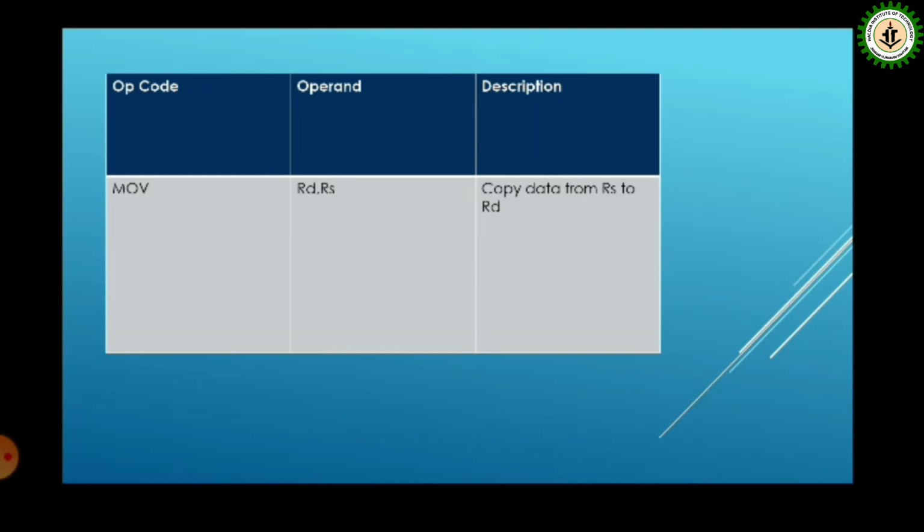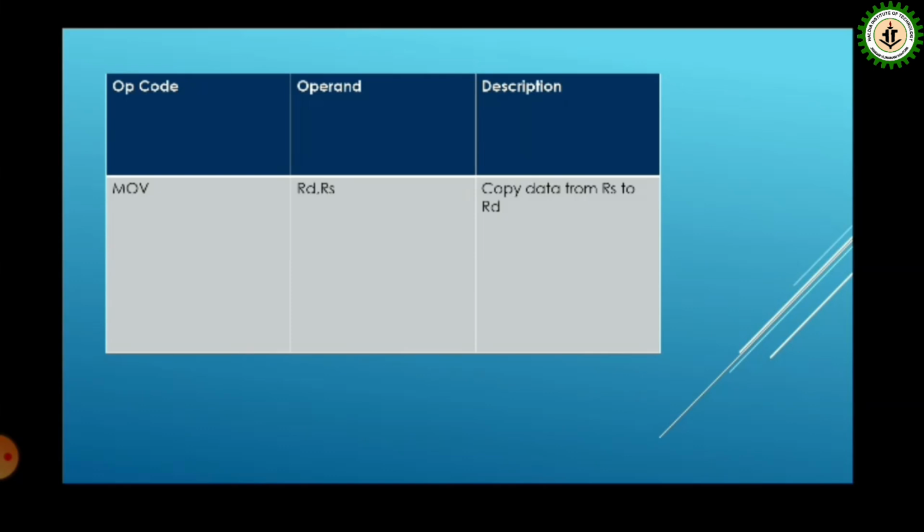If the original data is in A and I want to copy it into D, I write MOV D, A. The source register is written later than the destination register.